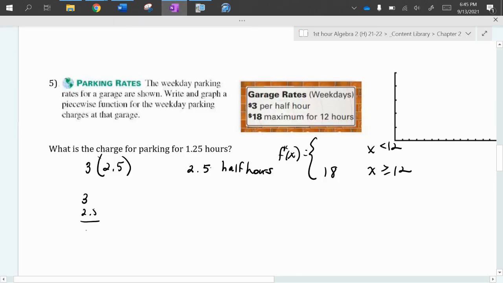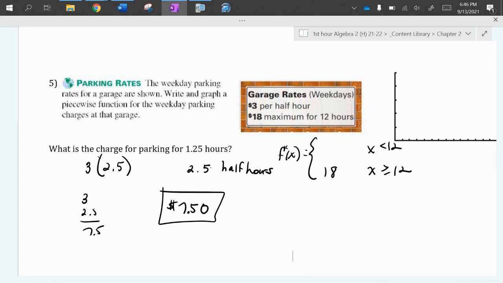So it's going to be $7.50 to park in the garage for 1.25 hours.